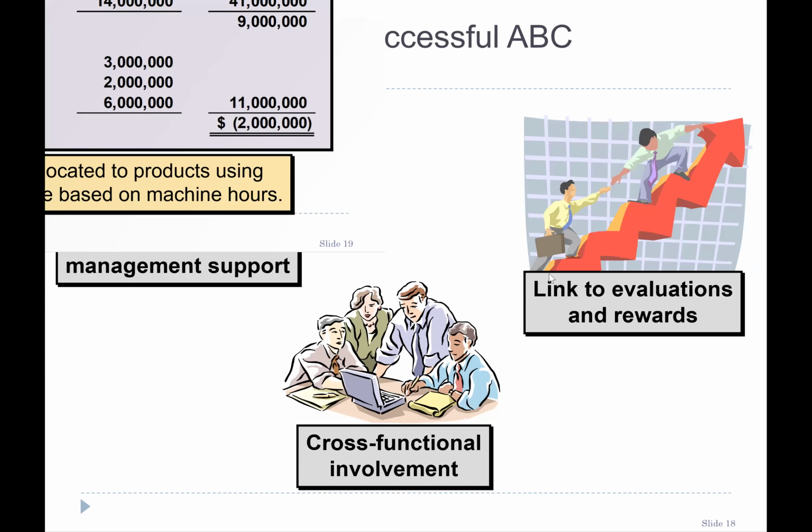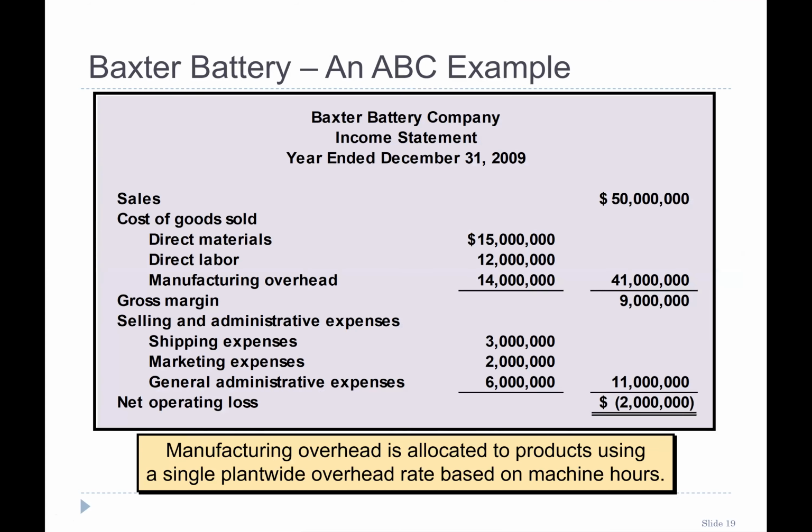So let's talk about the numerical stuff so that we truly understand what ABC means, right? In order to understand activity-based costing, we have our book example called Baxter Battery, and it shows an income statement and a loss here.